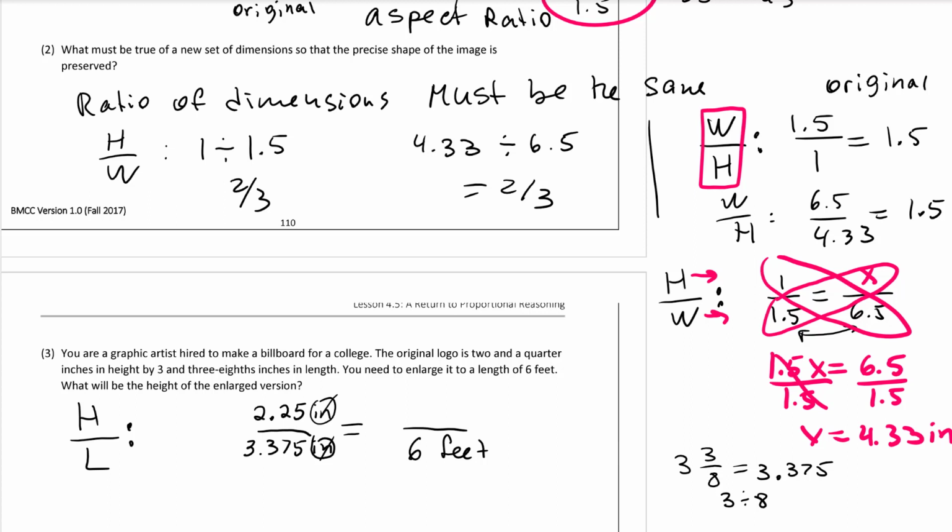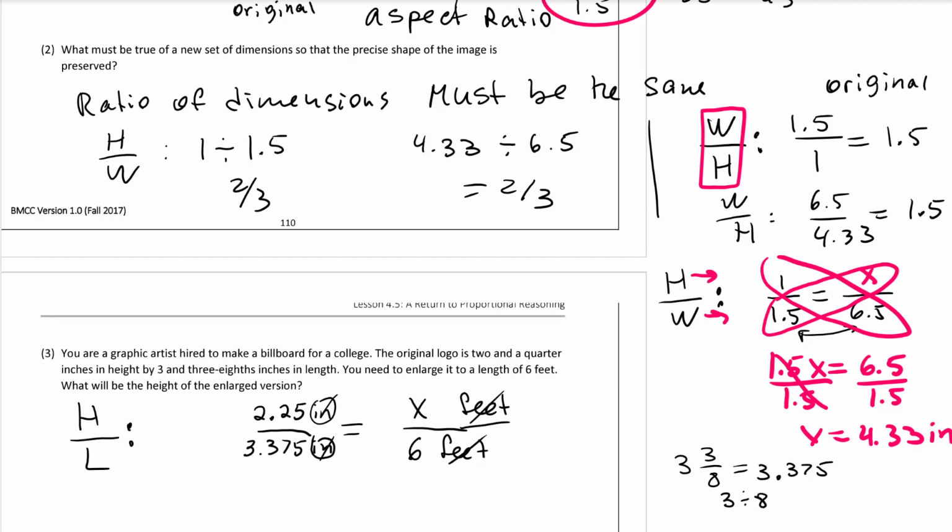So for instance, the question is asking what is the enlarged height? As long as it's measured in feet, then feet and feet will cancel. The ratio itself is unitless. So it doesn't really matter what the units are, as long as they're consistent within the same fraction. And this is going to be the x.